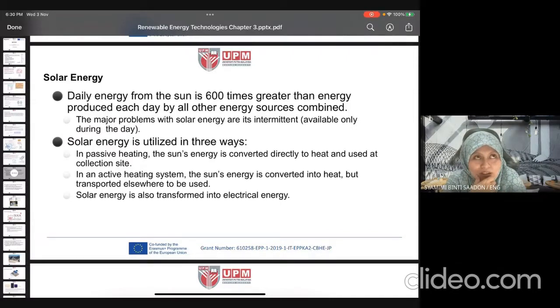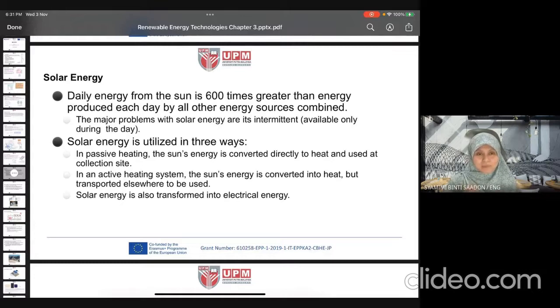So when we design, manufacture, or do research for solar energy, we always have to think about how we are going to store this solar energy, because we cannot have this energy 24 hours all the time.